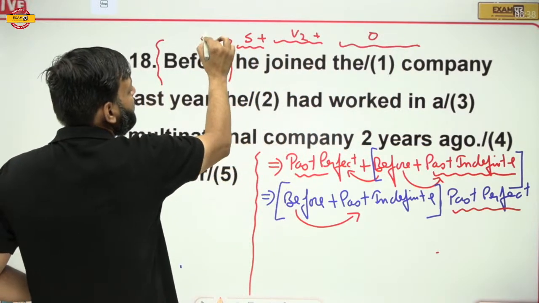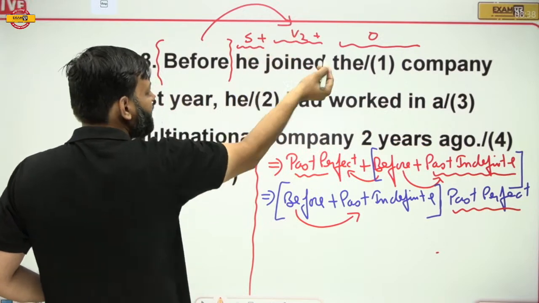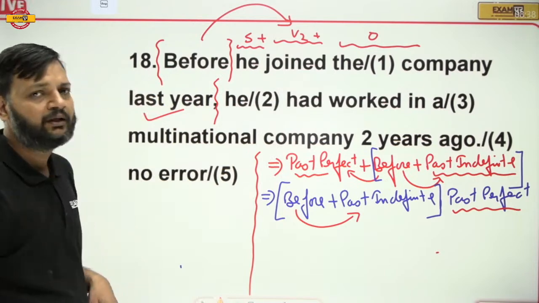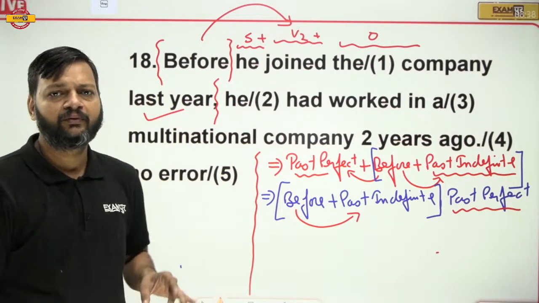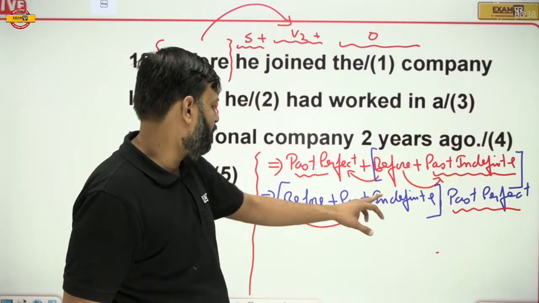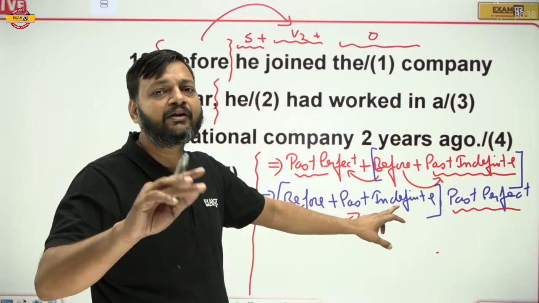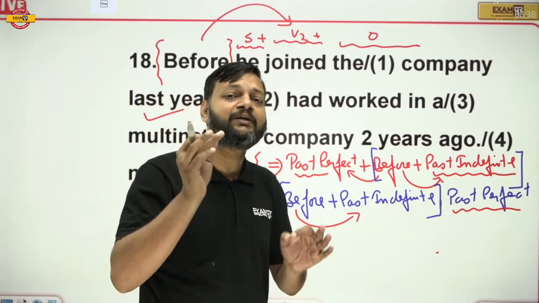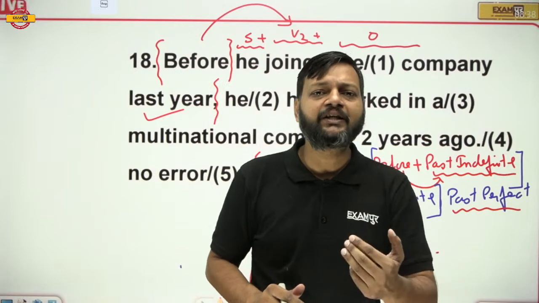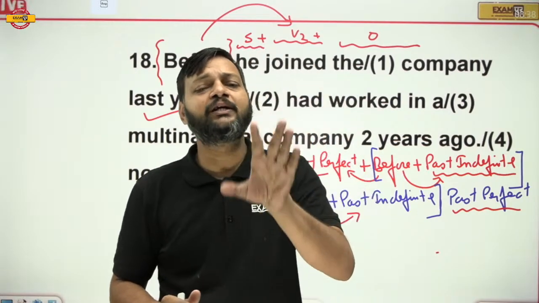Now, before must be followed by past indefinite and past indefinite is there. That means this clause is absolutely correct. We don't need to change this clause. Now, before is followed by past indefinite, and the remaining clause of the sentence must be in past perfect.